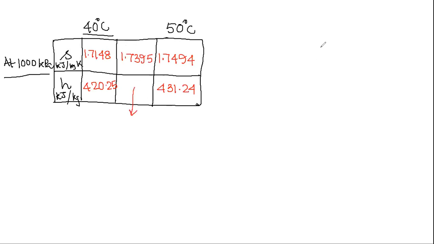That means what we are trying to do is fit a line where this is one point, this is another point, this is say entropy axis, this is say enthalpy axis, this is corresponding to say 40 degrees centigrade, and this is corresponding to say 50 degrees centigrade.